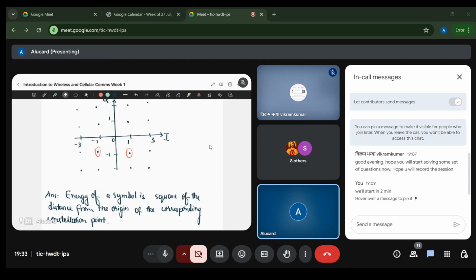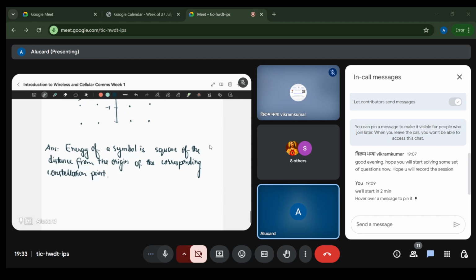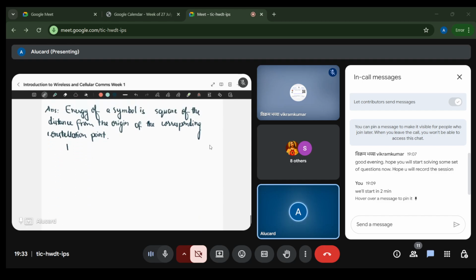We have 4 such points. So there are 4 symbols with energy square root of 1 square plus 1 square, whole square, which is 2.